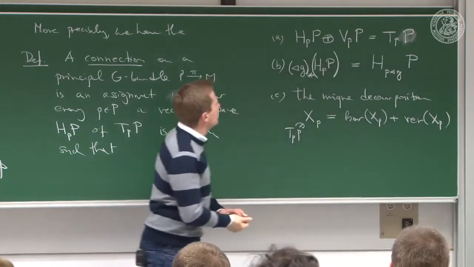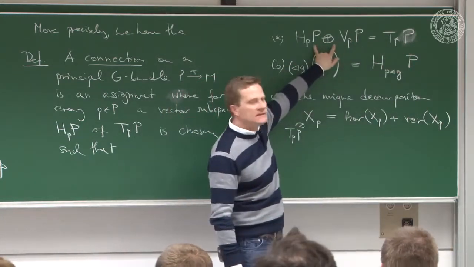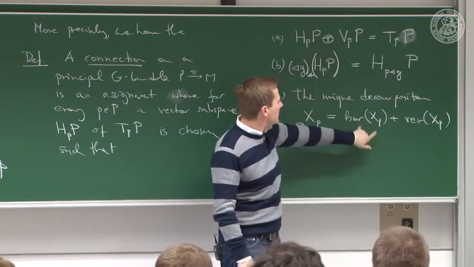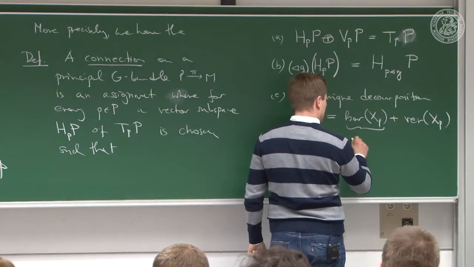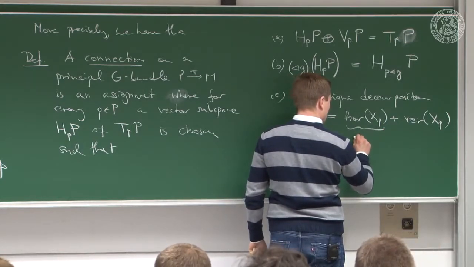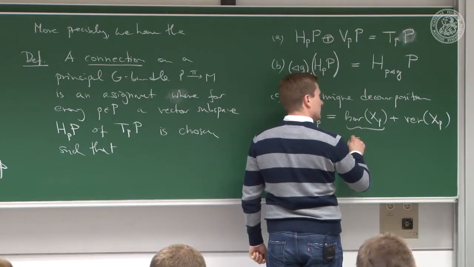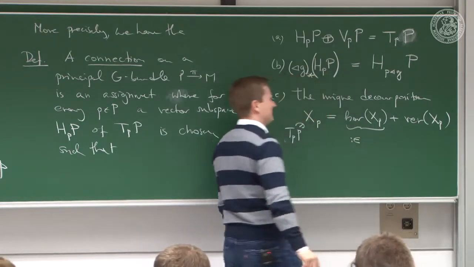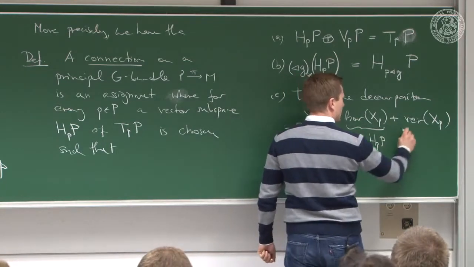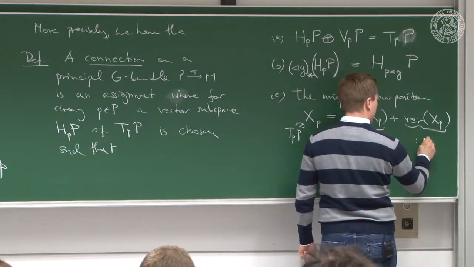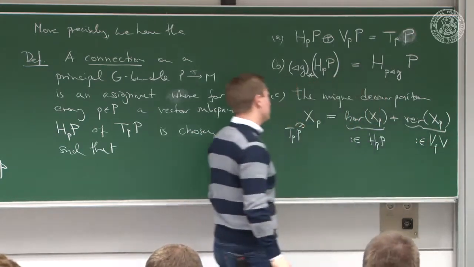And it's clear that if you have a direct sum here, any vector in here has a unique decomposition into a part hor X_P, which by definition lies in H_P P, and a vertical part which by definition lies in V_P P.